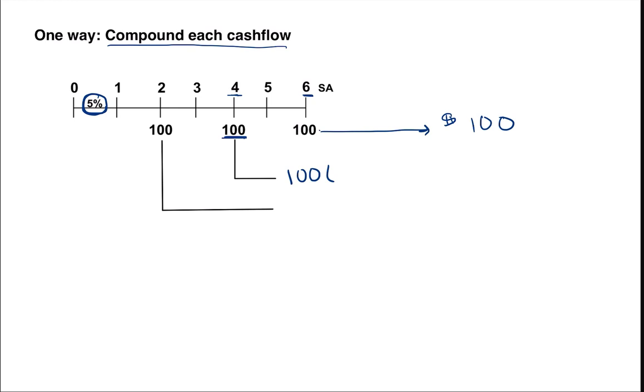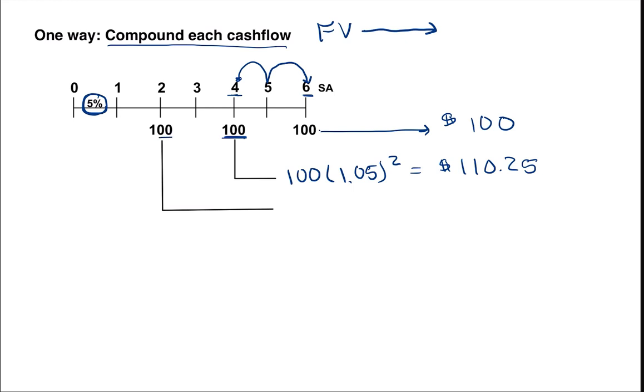It's the 10% divided by 2. So 1.05, and our exponent is going to be the number of compounding periods left to go. If we're going forward, because we want the future value, we're starting here at 4. How many compounding periods do we have? We have 1, 2. So my exponent will be 2. So my future value of that $100 is $110.25.